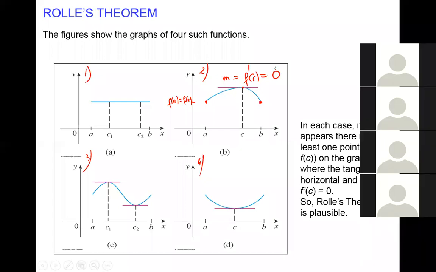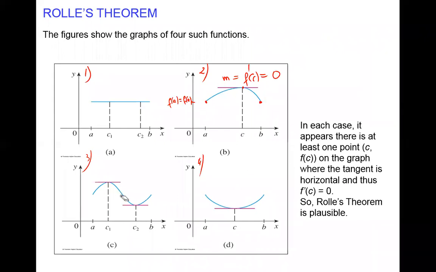That means this is always the case. If the function is continuous, differentiable, a nice and smooth curve without any sharp corners, and if the value at a and at b is exactly the same, as we can see, I can even connect them. They also create a horizontal line if I connect them.